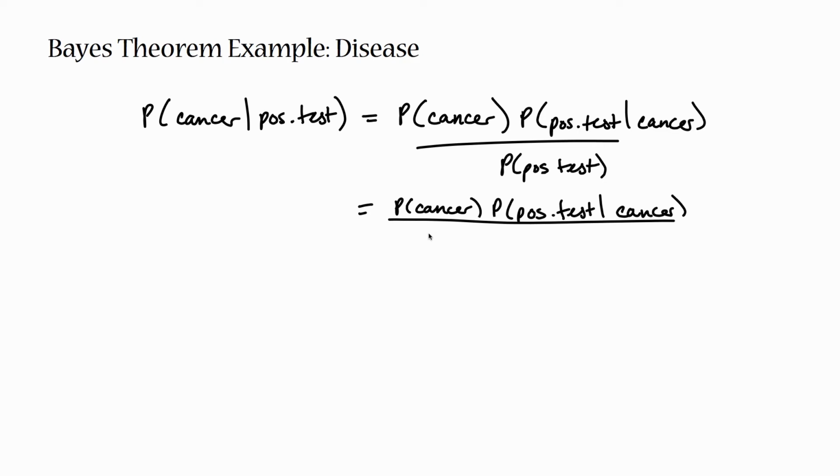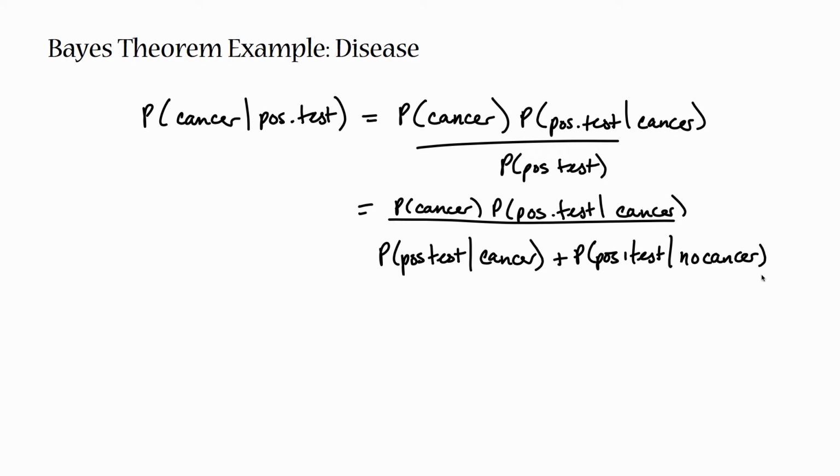So the top is not going to change. But the overall probability of a positive test is going to be the probability of a positive test given that you have cancer plus the probability of a positive test given that you don't have cancer, the false positive rate.